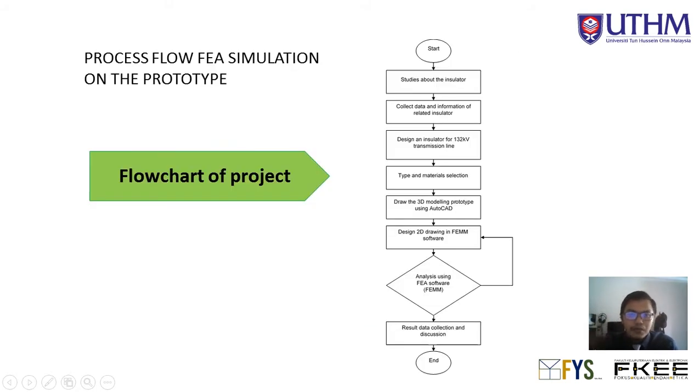And I will proceed to the flowchart of our project. As you can see here, we start the project by studying the insulator, the types of insulator. Then we collect data and do a literature review of previous research, and we design our own insulator based on our studies, the best material and good condition for the insulator, and the type of metal insulation.